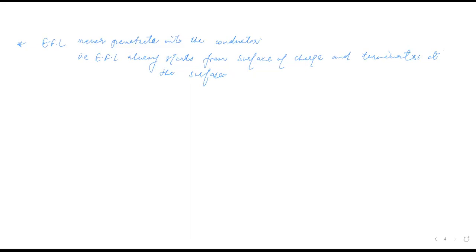Just like, you can take a conducting body like this. Suppose this conducting body is positively charged. In this case, the electric field lines always start from the surface, like this.